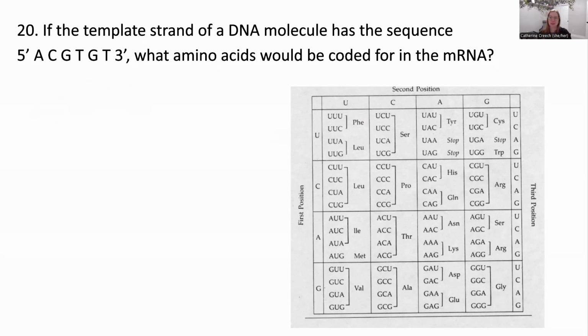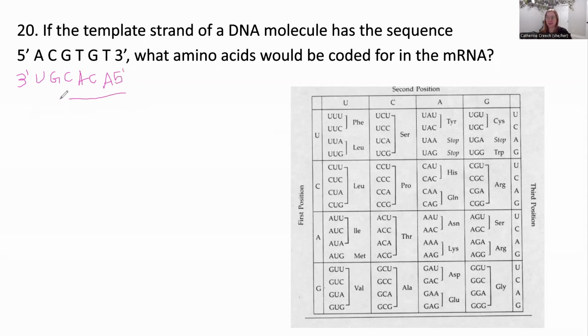We're going to get our pencil. We know that it's anti-parallel, so it'll go 3'. What pairs with A in mRNA? That's U. And then G, C, A, C, A, and 5'.